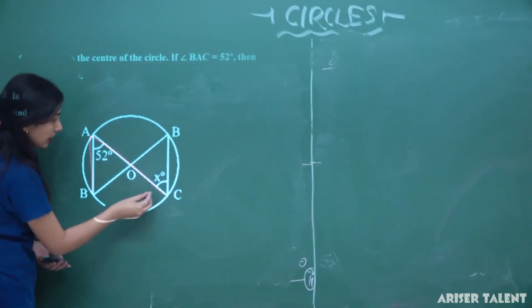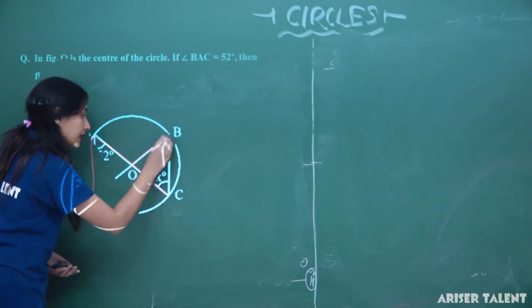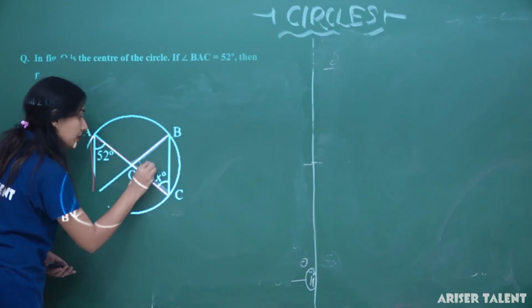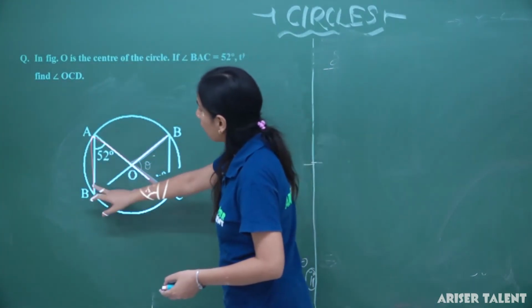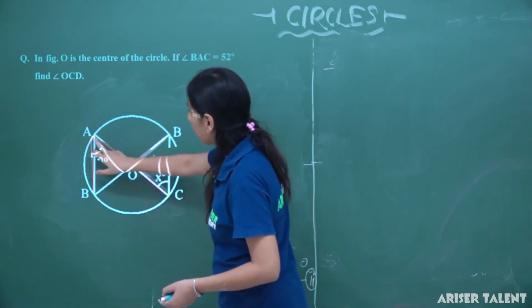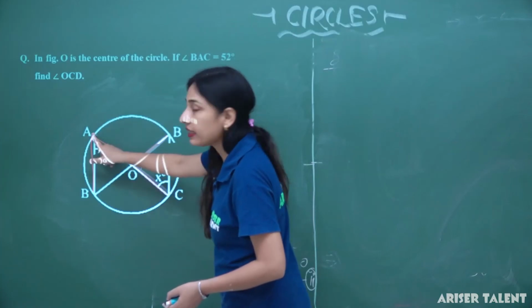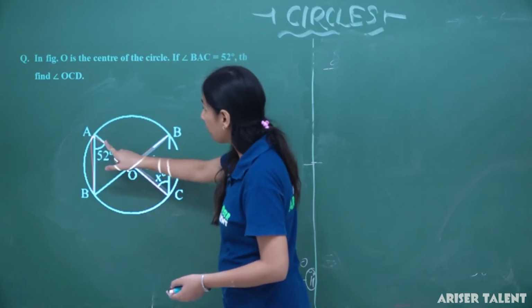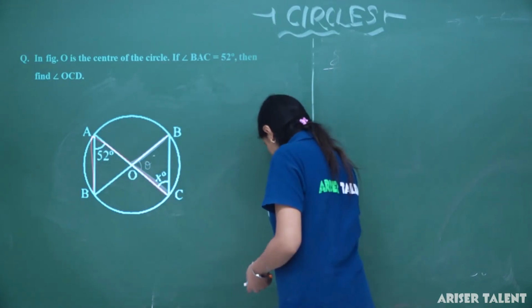What is COD? You have to find this angle, let it be theta. Now, you have this angle 52. This is the chord, and this is radius and this is radius. So, what will be? This angle will be equal to this angle, right?